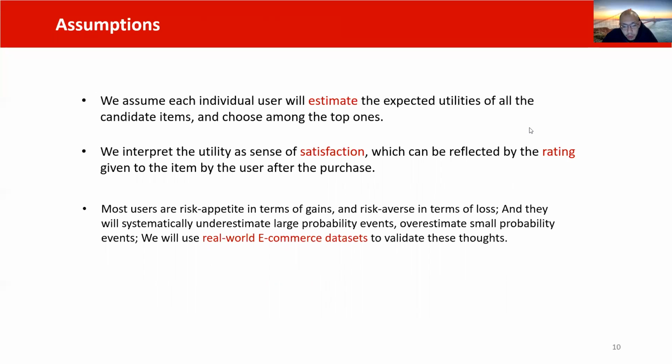Based on the previous conclusions given by economic researchers, most users are risk appetite in terms of gains and risk averse in terms of loss. And they will systematically underestimate the events with a large probability and overestimate the events with small probability. We will use real-world e-commerce datasets to validate these thoughts.